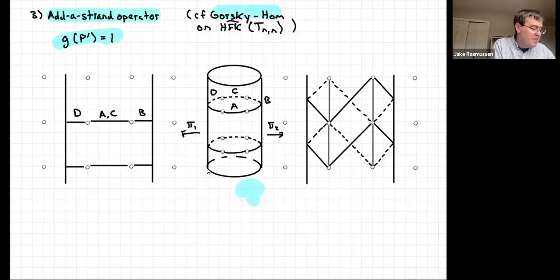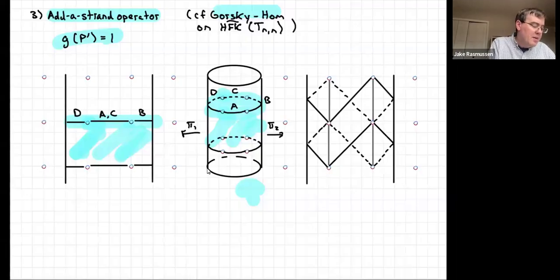These two points right here both squash flat onto this puncture. And this circle here squashes flat onto here. And this whole region here squashes flat onto here.